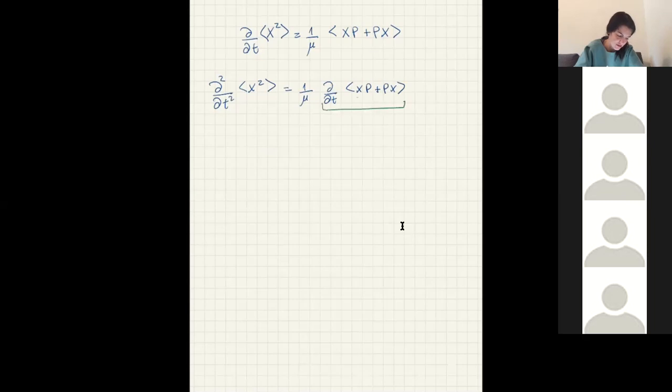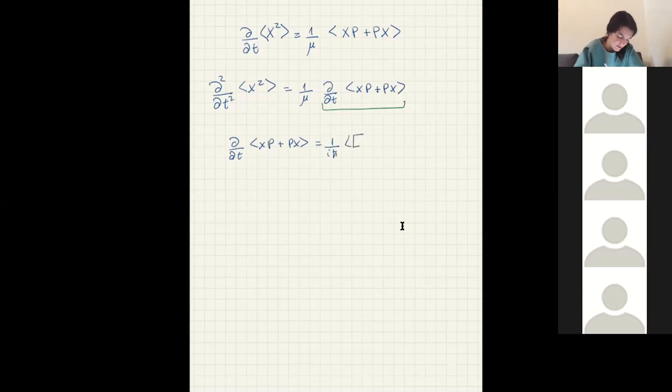Well, this is just a new observable, so we just apply Schrodinger's equation to it again. So d dt of that thing of xp plus px. Guess what? It's going to be 1 over i h bar.